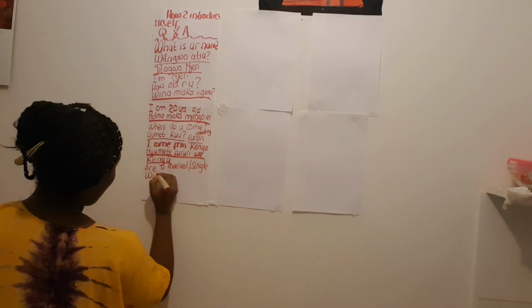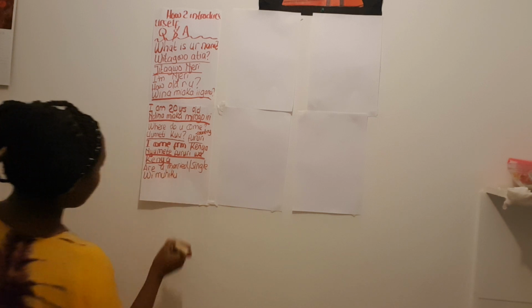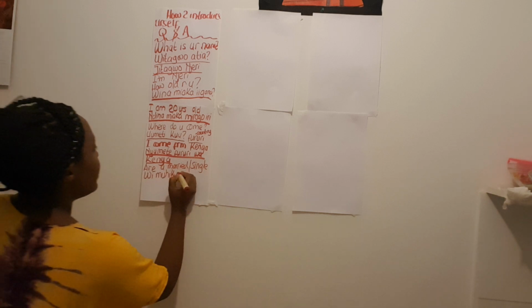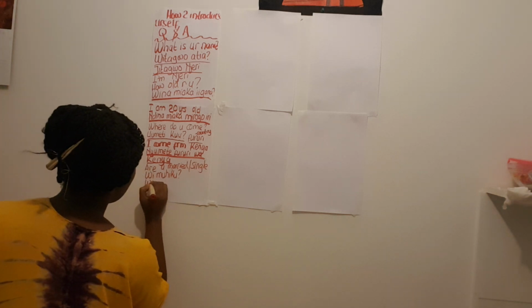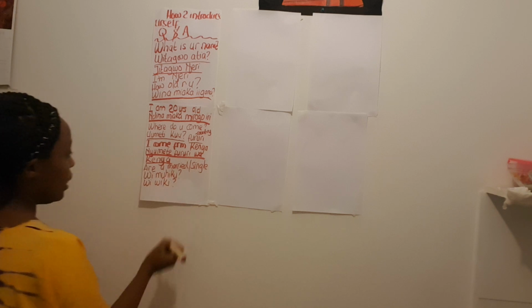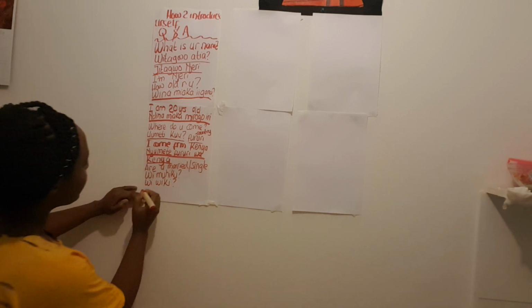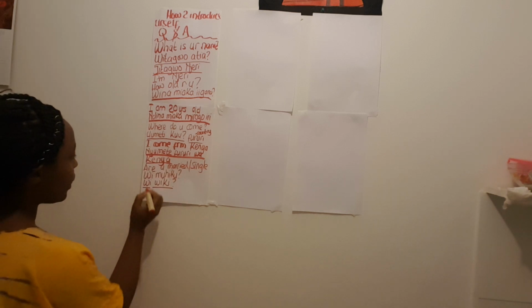Or if you want to say, are you single? We wiki. We wiki is, are you single? Mohiku, married.